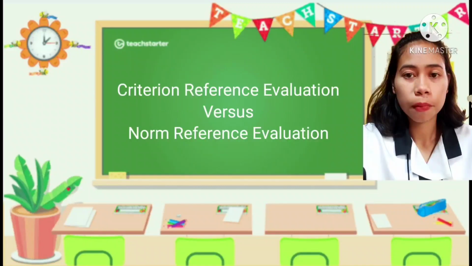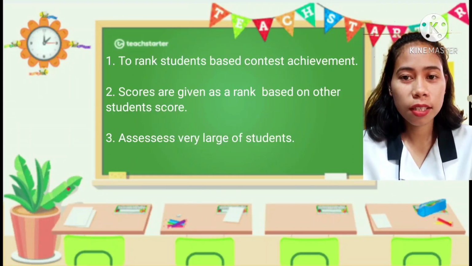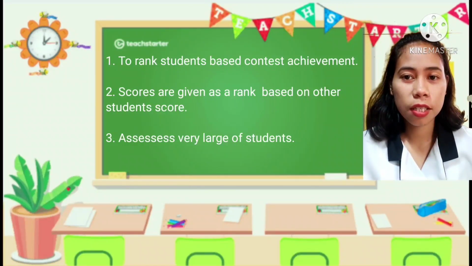For norm reference evaluation, first, it ranks students based on achievement. Second, scores are given as a rank based on other students' scores.